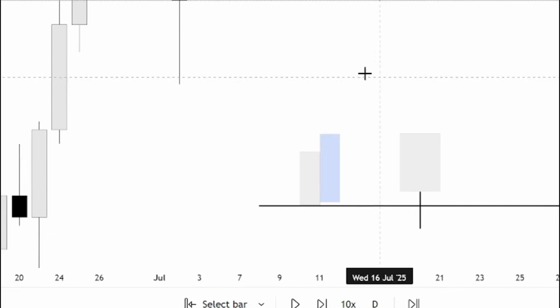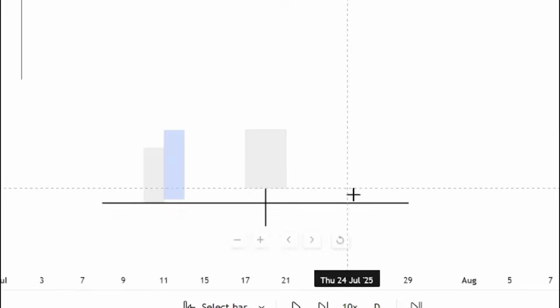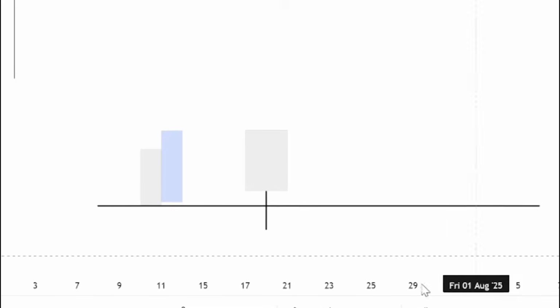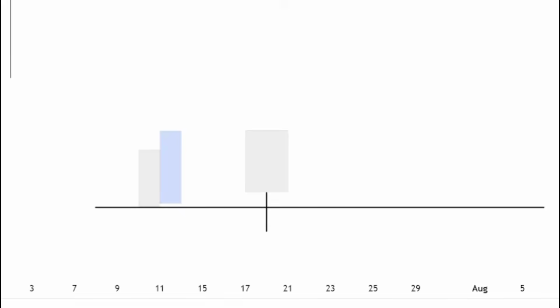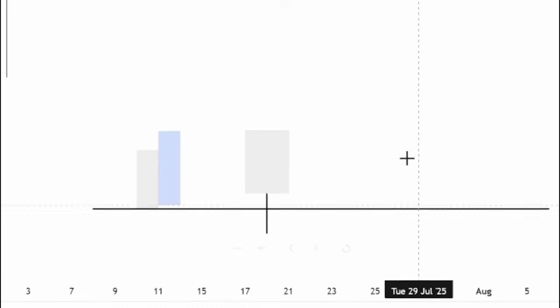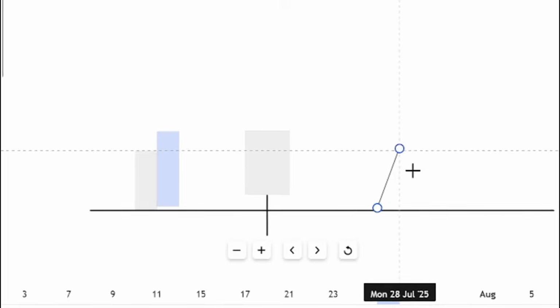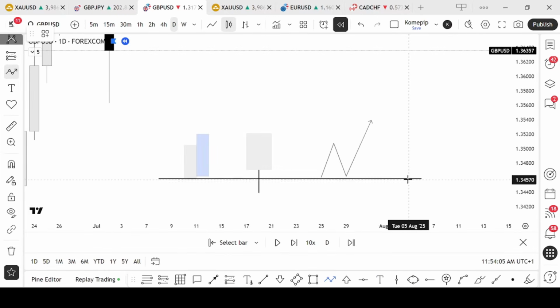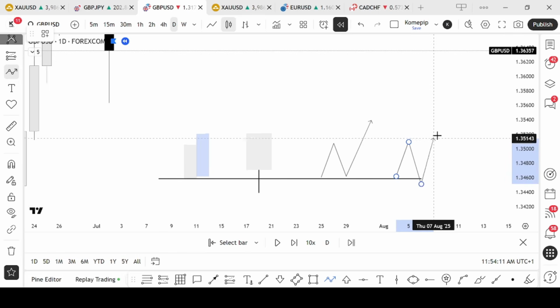It's quite simple. We need to go to a time frame lower, in this case the 4-hour time frame. Pay attention. On the 4-hour time frame, what we want to see is a simple breakout, or a complex break of structure. All right, like this.